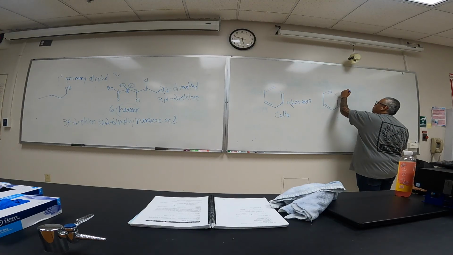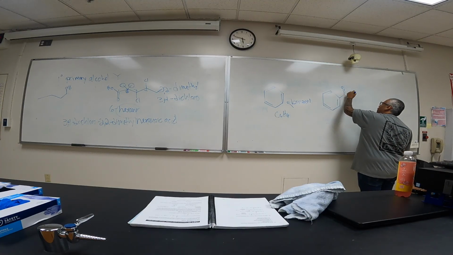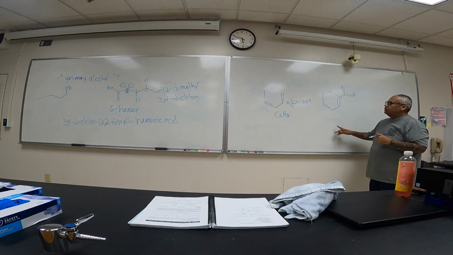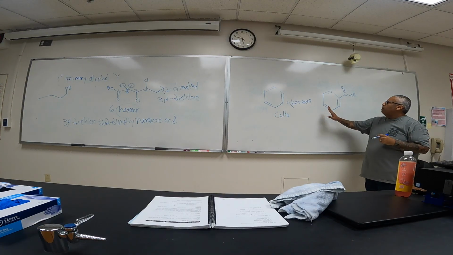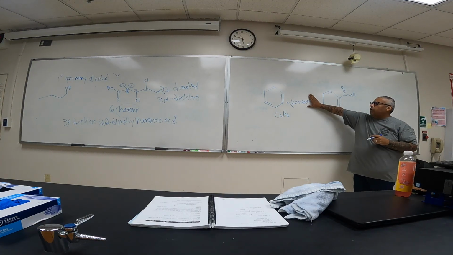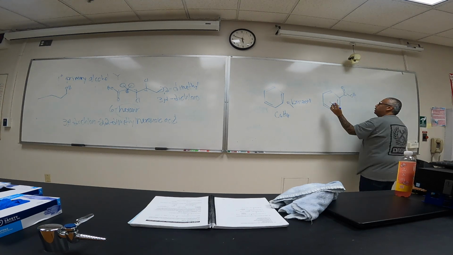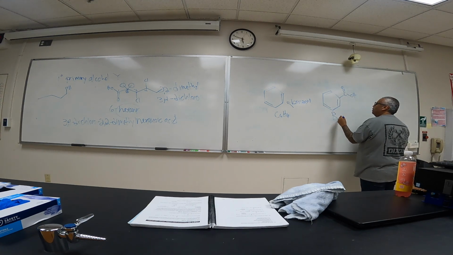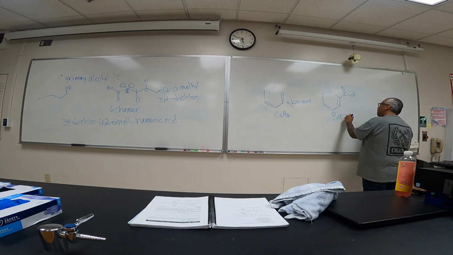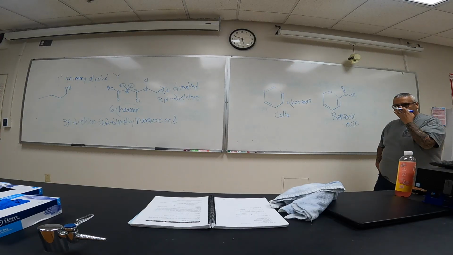If I happen to put a carboxylic acid onto it, again, we're going to drop the E. Or no, actually, sorry, scratch that. Special name here. It's not benzenoic acid. Let me correct that. It is benzoic acid.